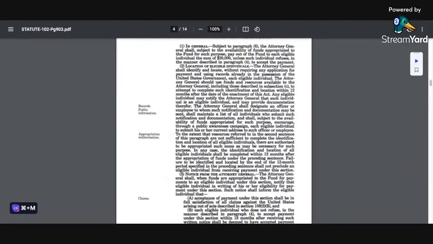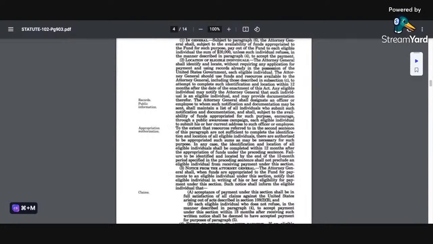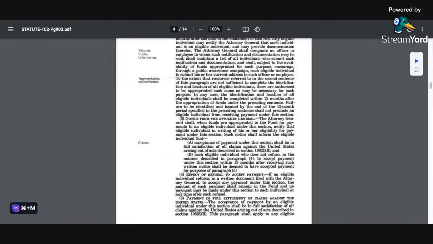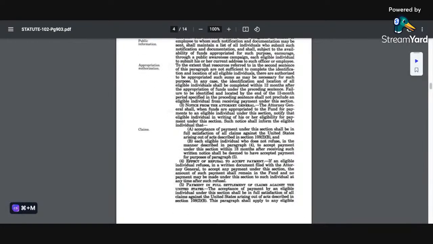Notice from the Attorney General. The Attorney General shall, when funds are appropriated to the fund for payments to an eligible individual under this section, notify that eligible individual in writing of his or her eligibility for payment under this section.